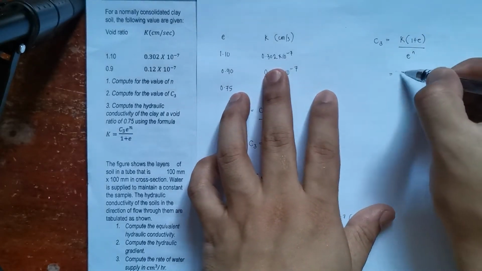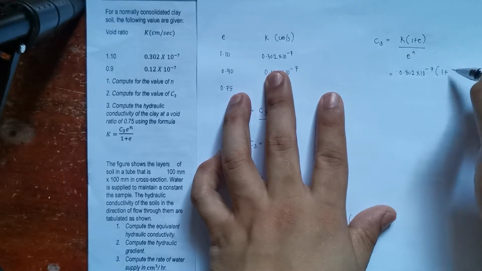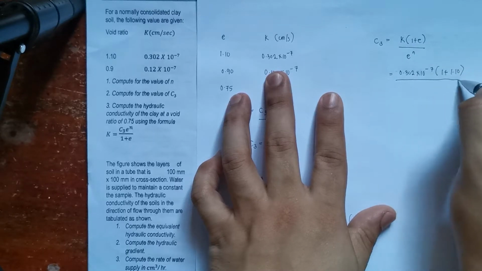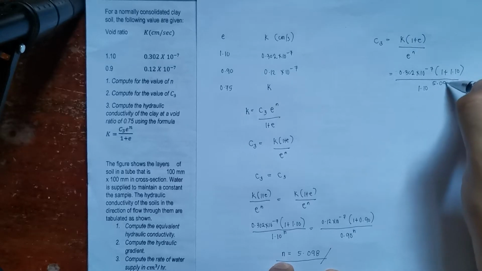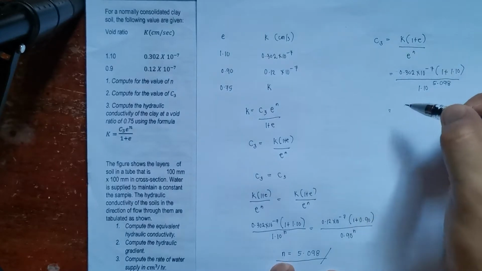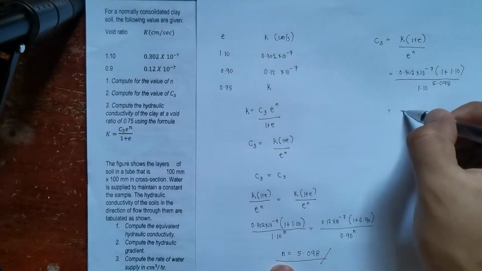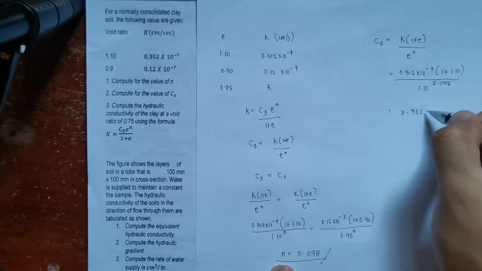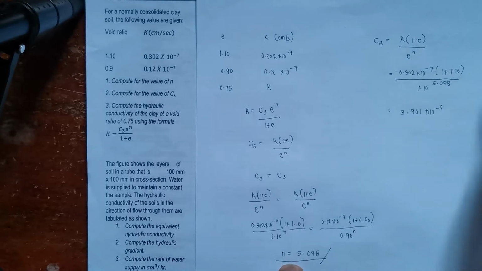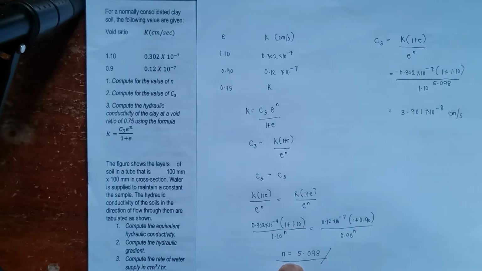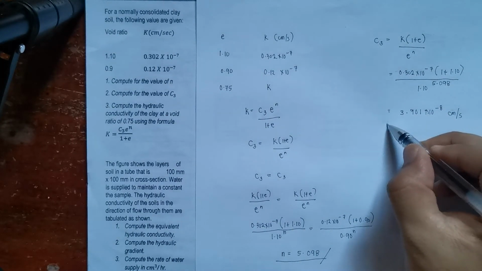C3 is equivalent to K, 0.302 times 10 raised to negative 7, 1 plus 1.1 over 1.1 raised to N. The computed N is 5.098. And we can get a value of C3, 3.901 times 10 raised to negative 8, and that is centimeter per seconds. And that is our second unknown.